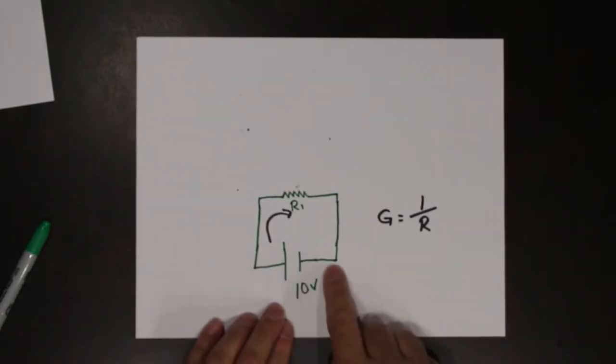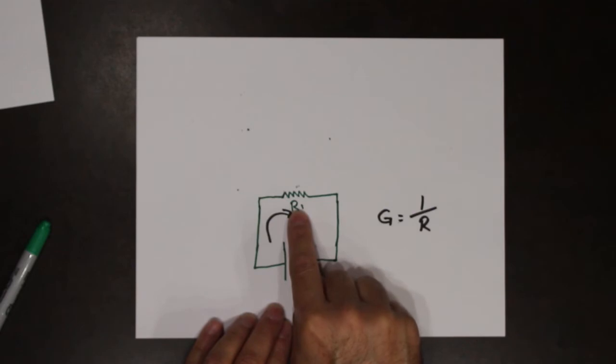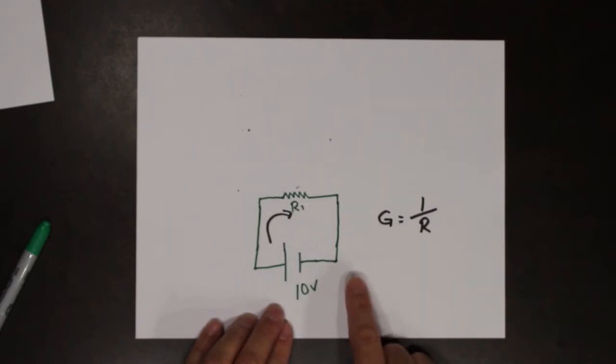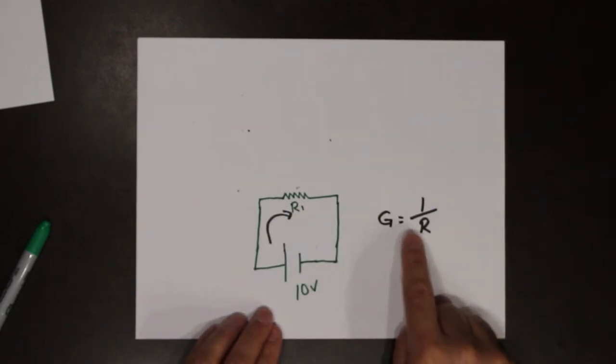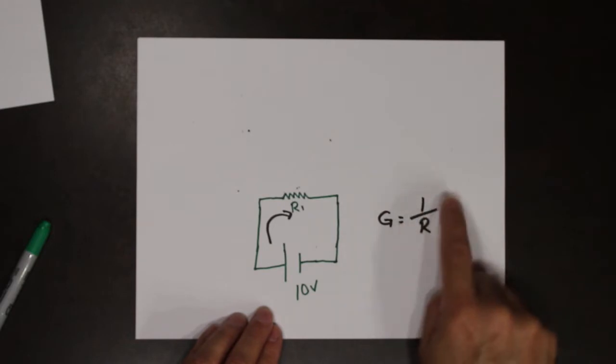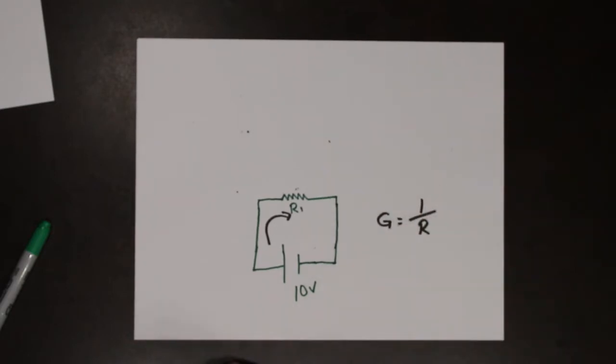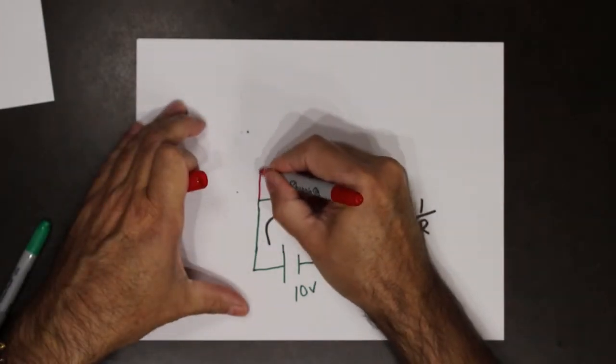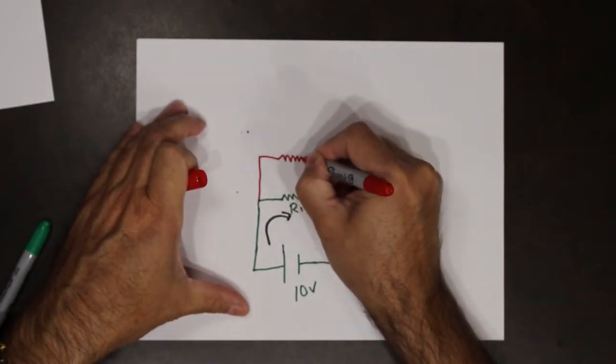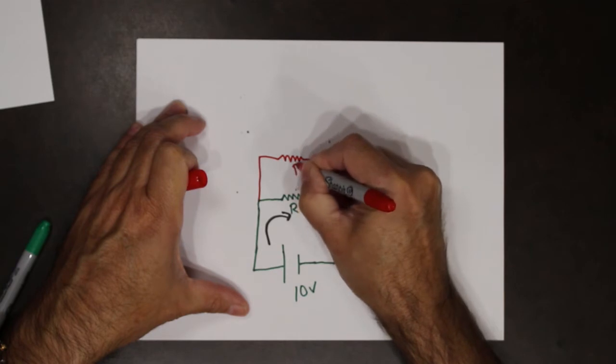So now I have one resistor, therefore my conductance is equal to 1 over that resistor. What if I provided another path for current here, resistor 2?